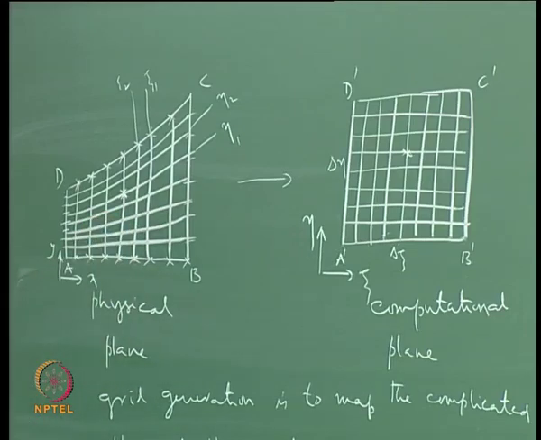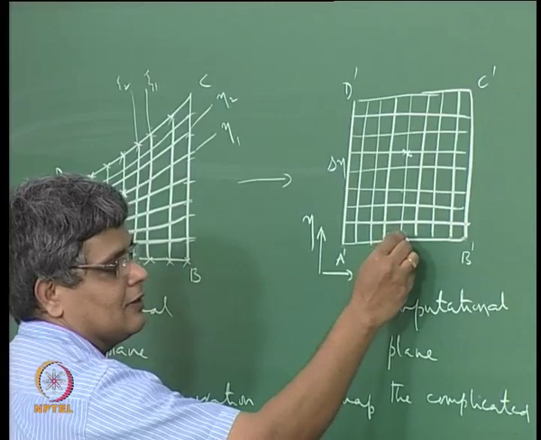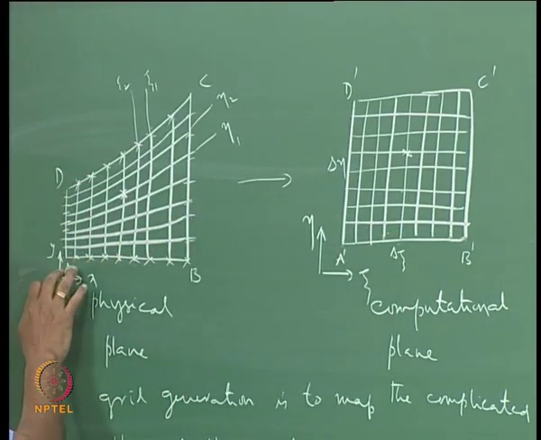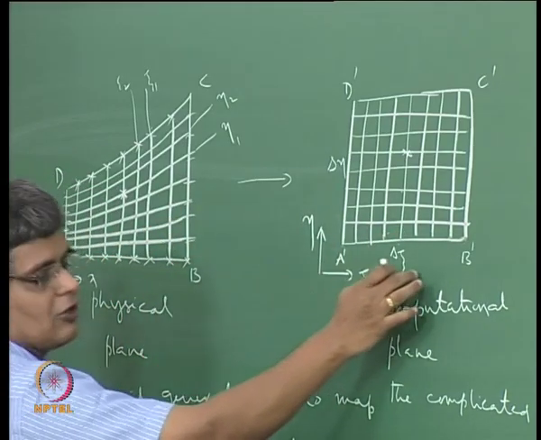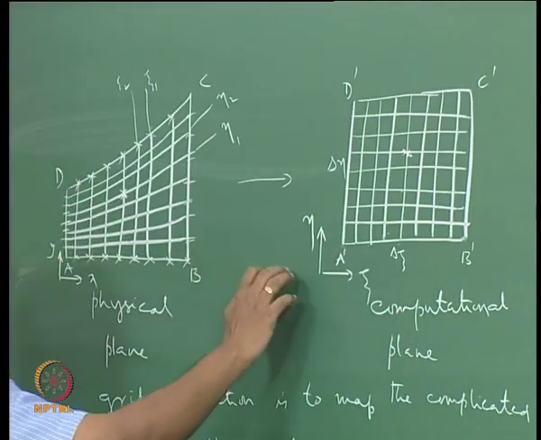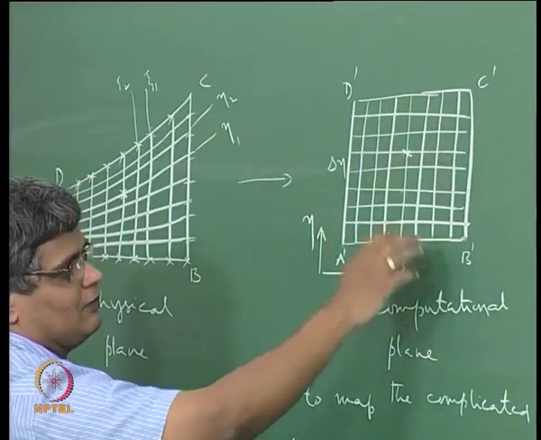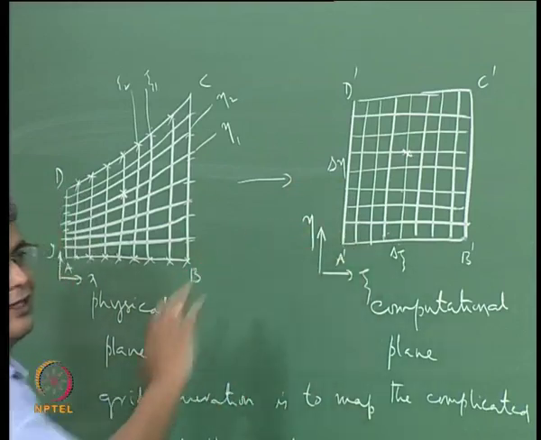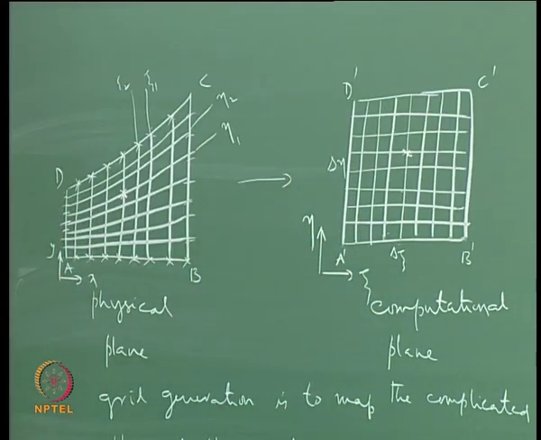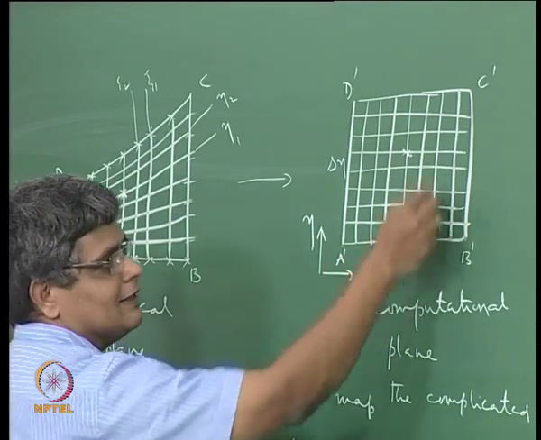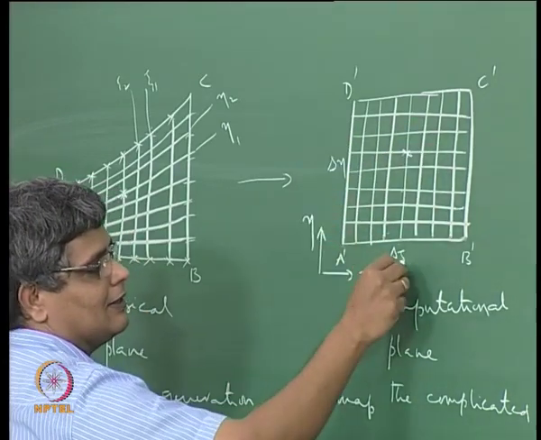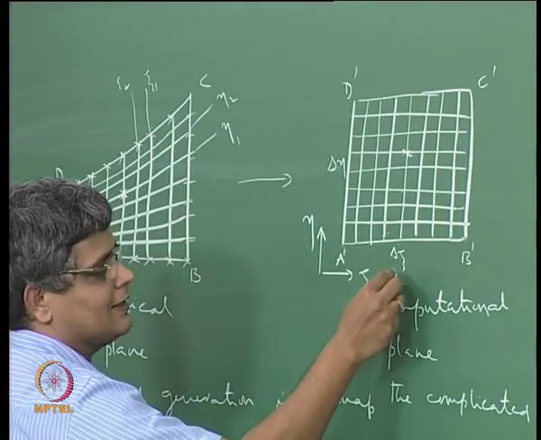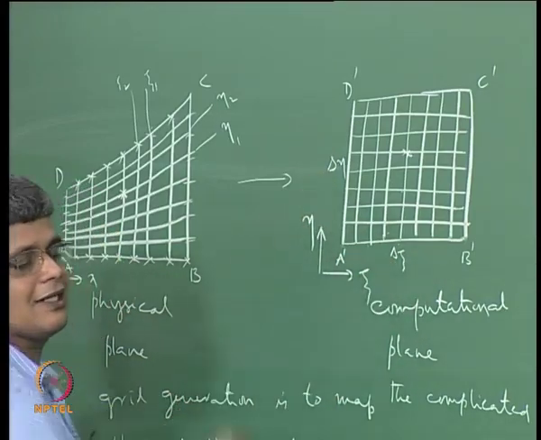So the idea of the grid generation is to map the physical plane boundaries with the computational plane boundaries, and divide the computational plane, which is rectangular in the case of 2 dimensions and like a cube in the case of 3 dimensions, into lines of constant delta psi and delta eta, not necessarily the same.